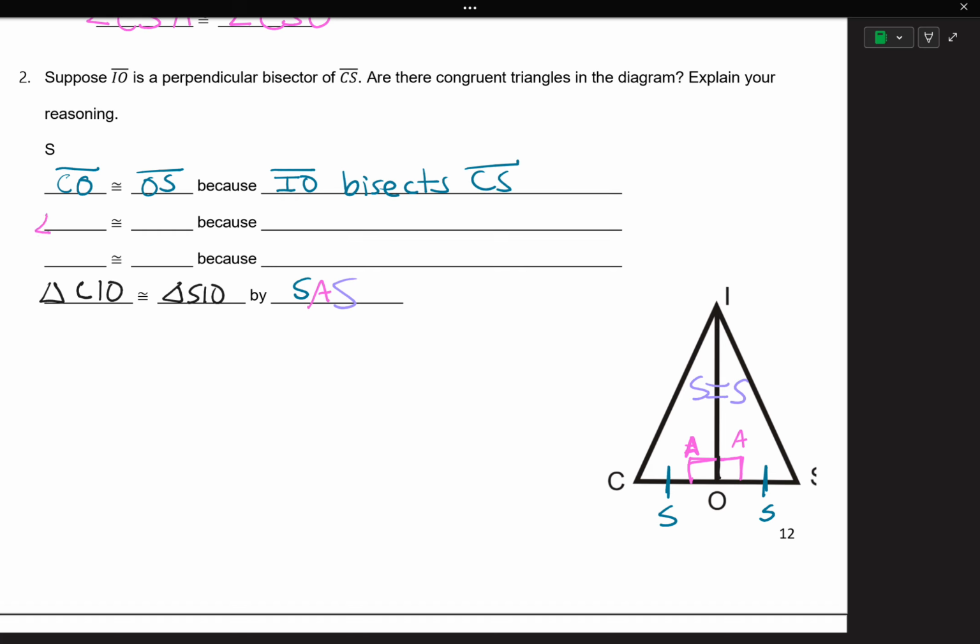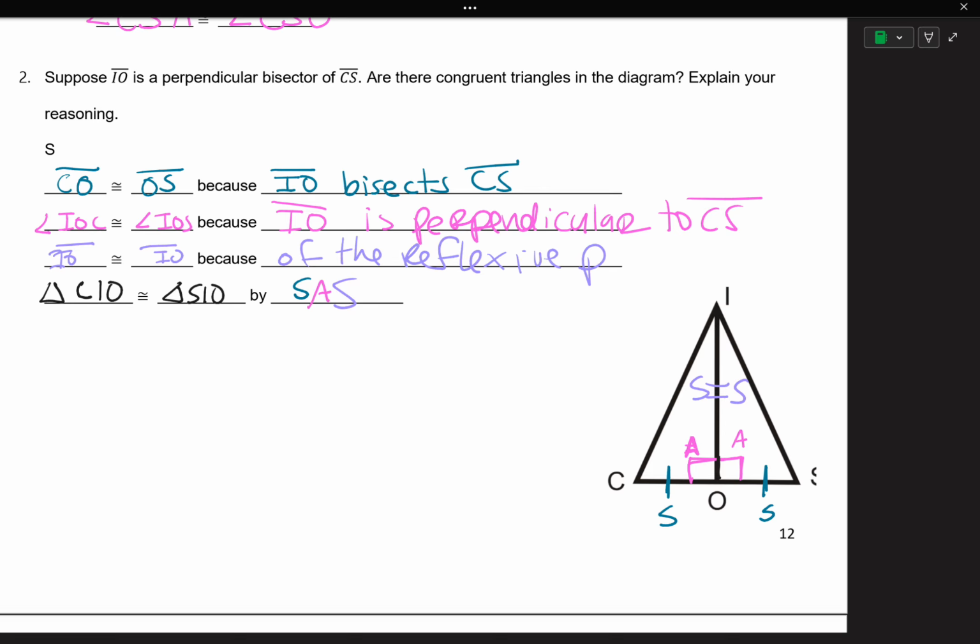Then we have the two angles, angle IOC and angle IOS, because IO is perpendicular to CS. And lastly, I can write that IO is congruent to IO because of the reflexive property.